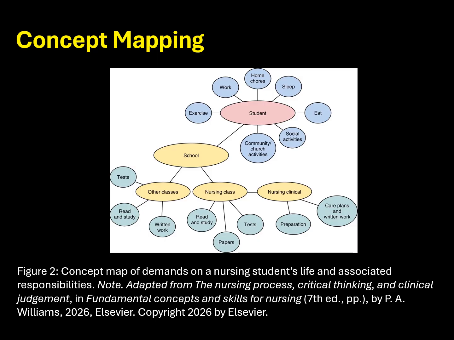Other classes, nursing clinical. There's also nursing lab. All of them have tests, reading, study, written work, and more. This helps you to identify the power of concept mapping and how it might be transferred to patient care.